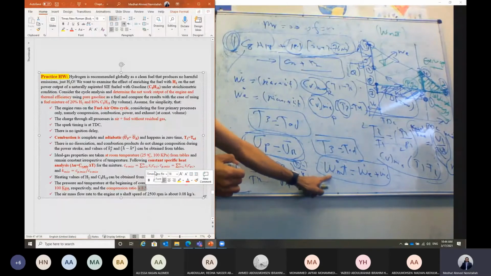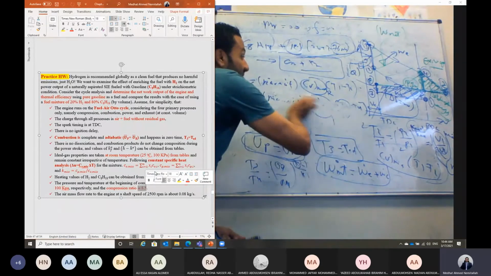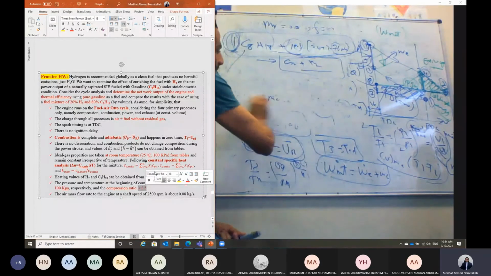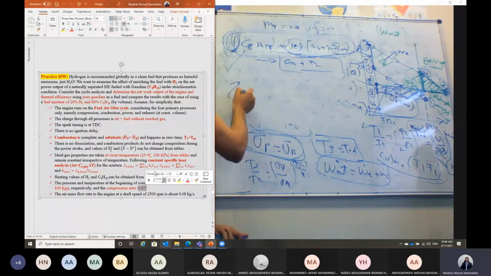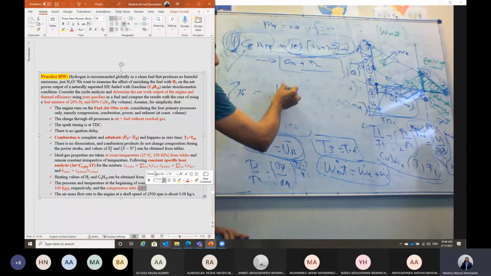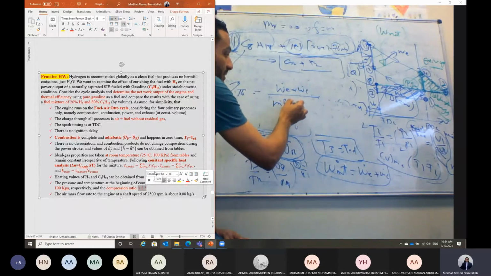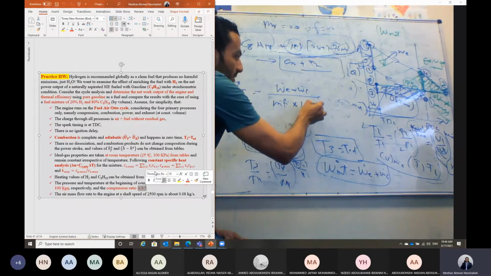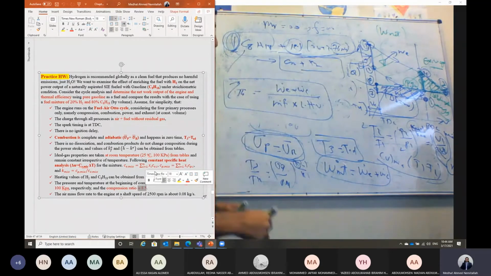So the rate of net work out will equal work dot expansion plus work dot compression. And the cycle efficiency will equal what? Cycle efficiency will equal work dot expansion plus work dot compression divided by m dot fuel multiplied by the lower heating value.